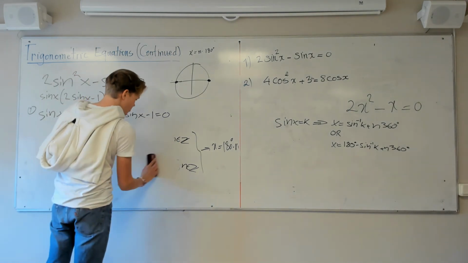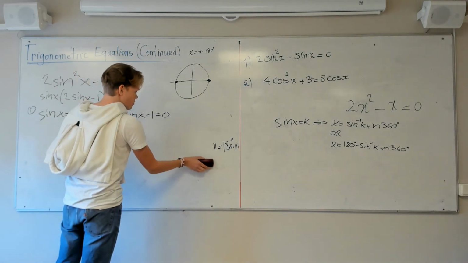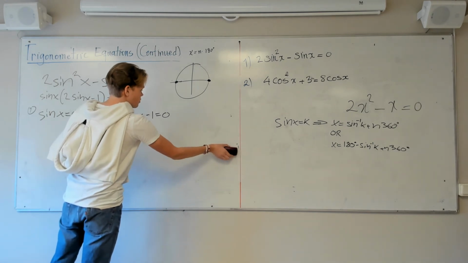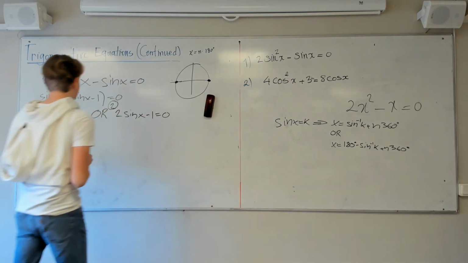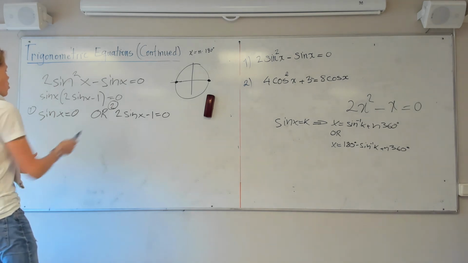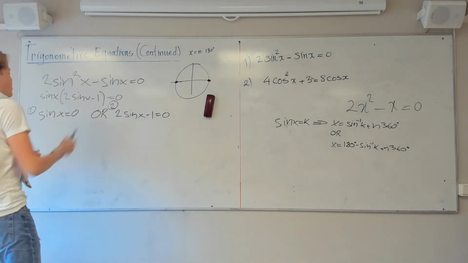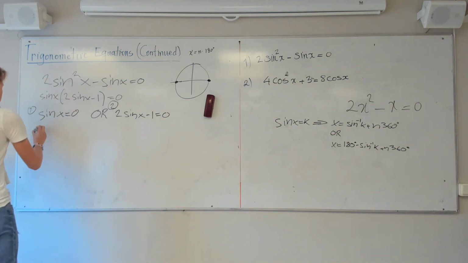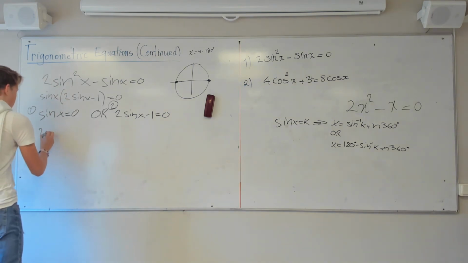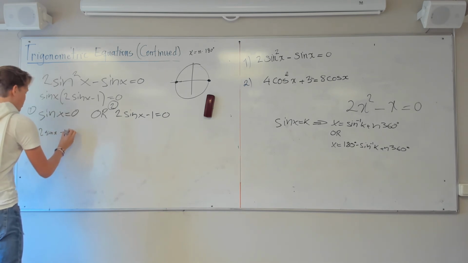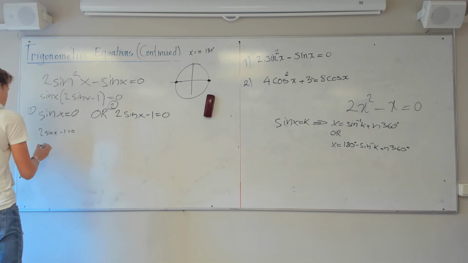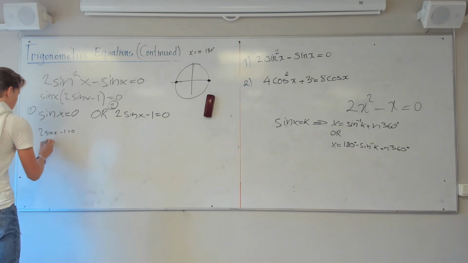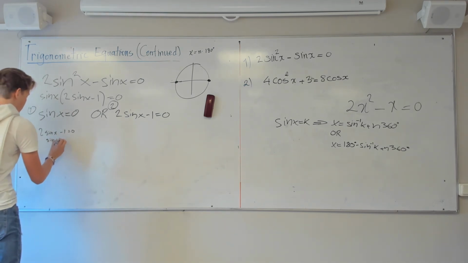This problem is not finished yet because it consists of 2 parts, yes? One part was that, the other one is this one. Now let us see how you solve the problem. No, that is harder, but let us start solving here, this one. So 2 sine x minus 1 is equal to 0. Then sine x is equal to 1 over 2.